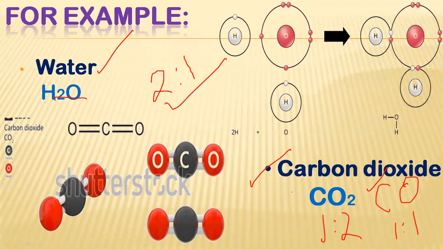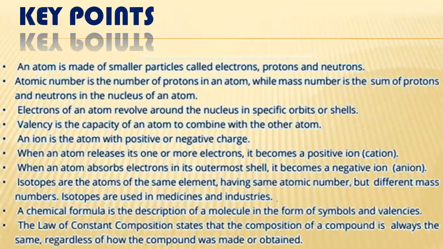So they follow the law of constant proportion, wherever the source is. The law of constant proportion applies to all compounds. Otherwise the proportions or ratios would change, and the chemical compound would change.